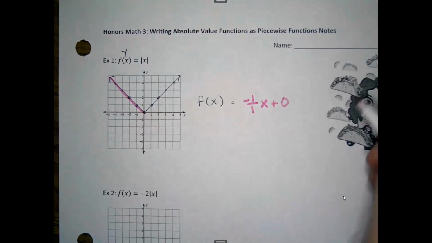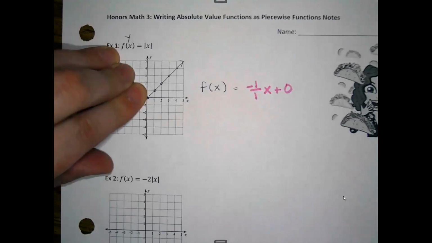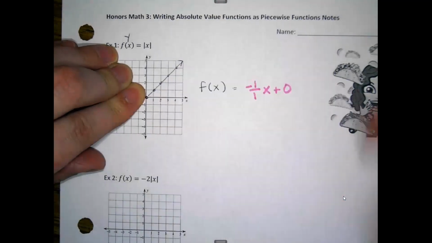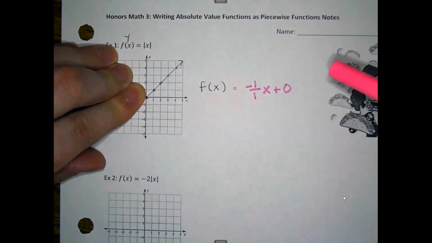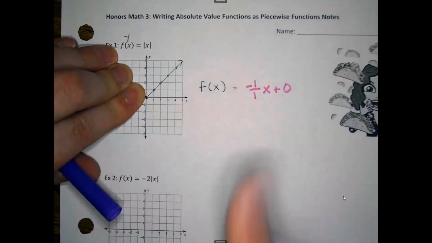Okay. And then if I cover up the other side over here, what about this part of the V? It's a positive slope. And so what does it do over here?